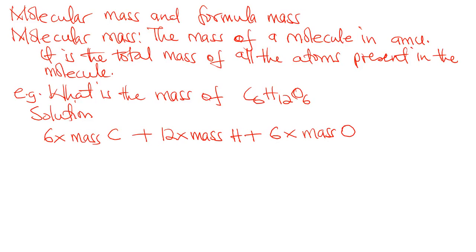So these masses, we are going to obtain them from the periodic table. So here, the mass of carbon is 12.01. The mass of hydrogen is 1.008. And the mass of oxygen is 16.00.